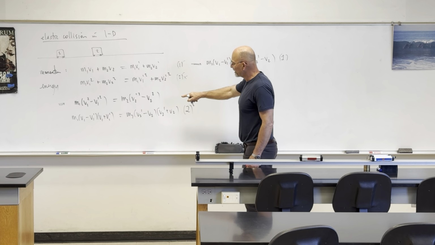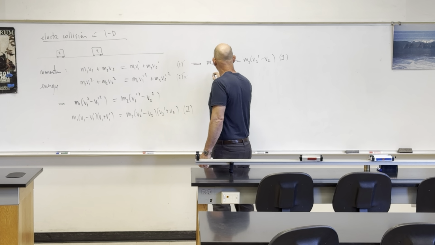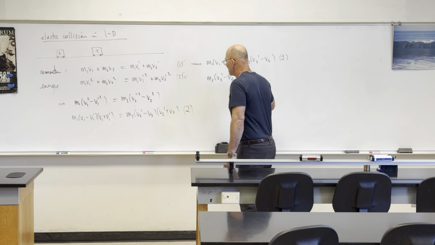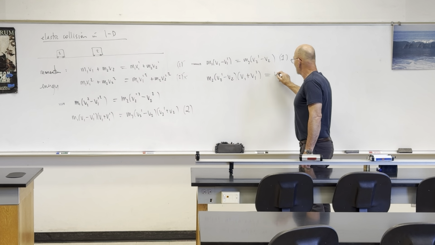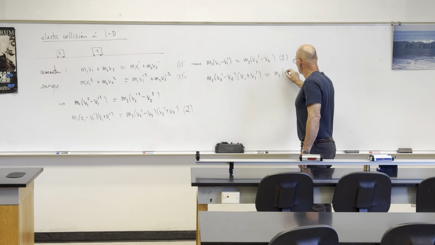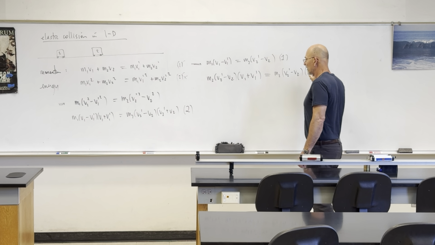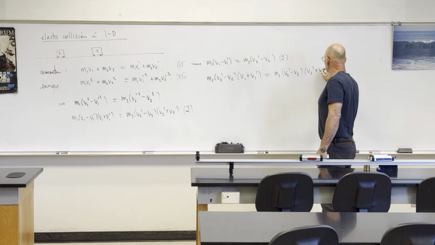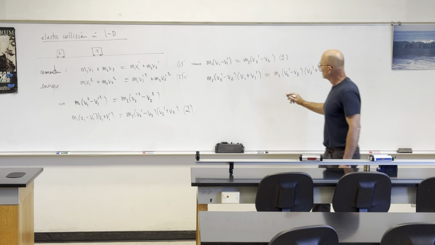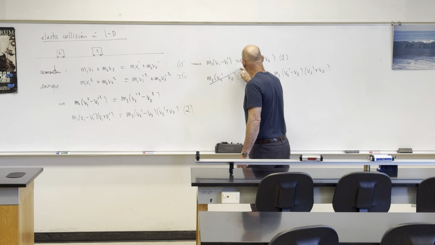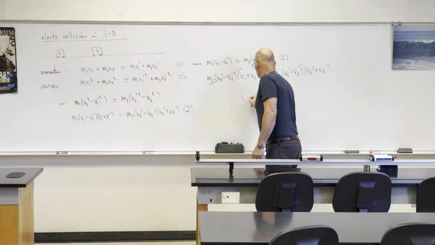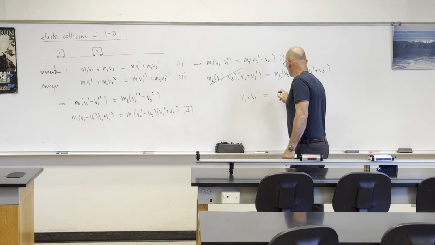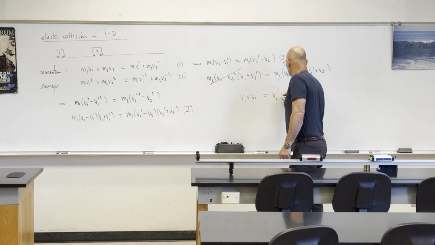And taking this one into the bottom one, we have M2 (V2 prime minus V2) times (V1 plus V1 prime) equals M2 (V2 prime minus V2) times (V2 prime plus V2). And this has delivered goods. Okay. So there's a common factor, and we're now left with V1 plus V1 prime equals V2 prime plus V2.